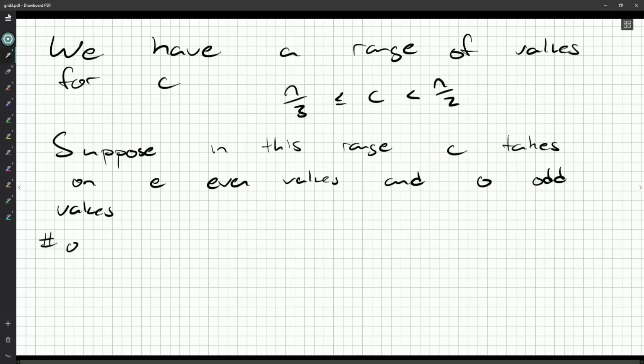Then the number of triangles, both formulas had 3 halves C. So it'll be 3 halves times the sum of possible C's, which is something I can work out.